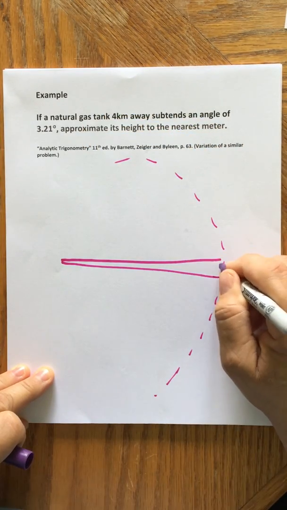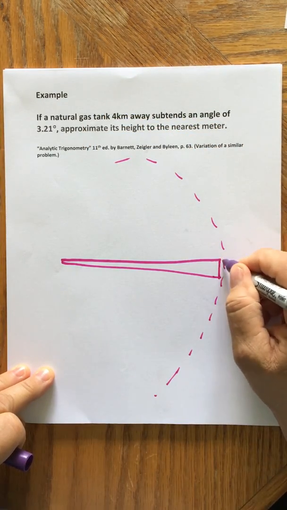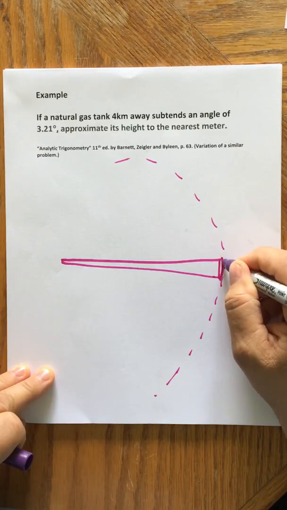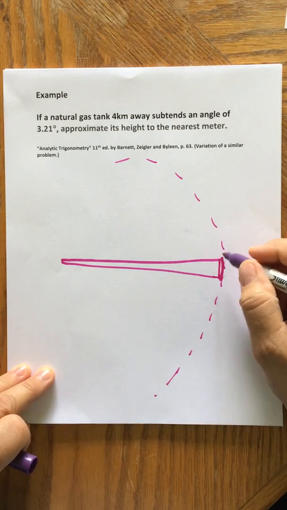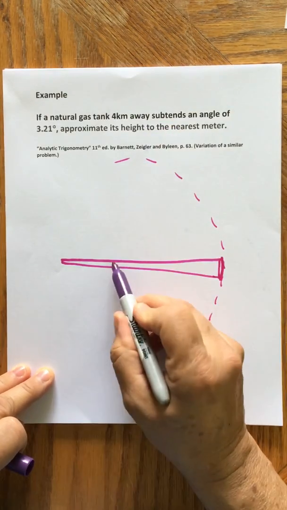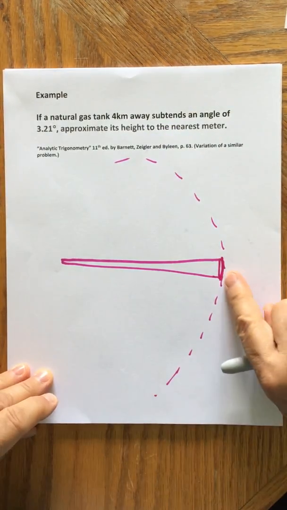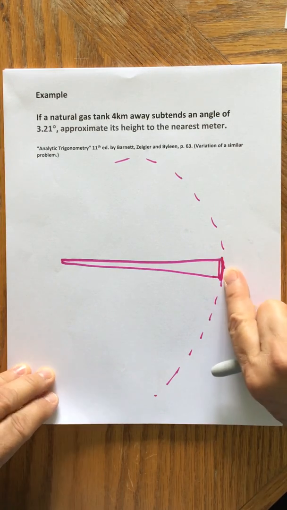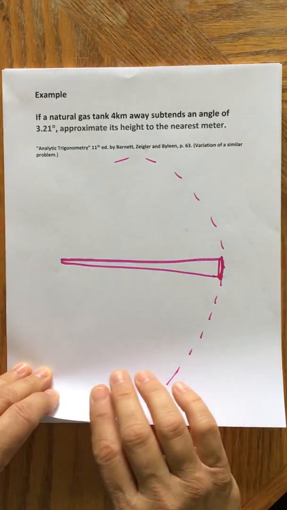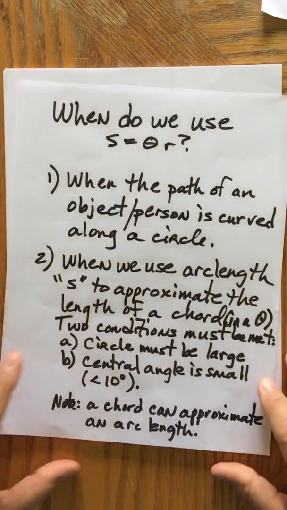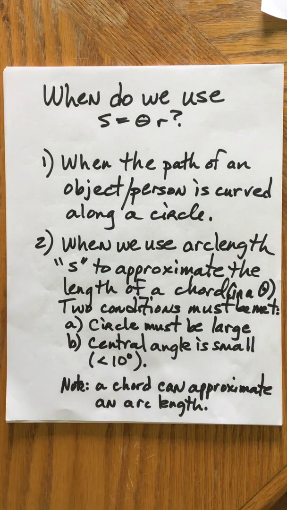And the tank itself is vertical, it's the chord, but basically this little piece of the circle is the arc length, and it's very close to the length of the chord. And so as long as you have a big circle and a very small central angle, you can say, well, this arc length is very close to the length of that chord, and so I can go ahead and use it for that. So that's when you use this formula.